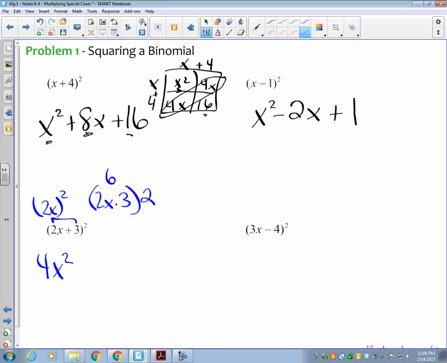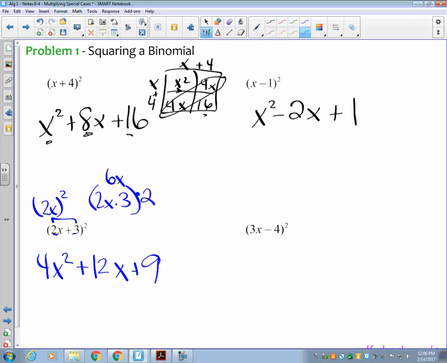So when you have a coefficient, you're not only just doubling it, you're multiplying the first and the last together, and then doubling it. So this would be 6x times 2 is 12x. Then we take our last guy and we square him. 3 times 3 is? 9.